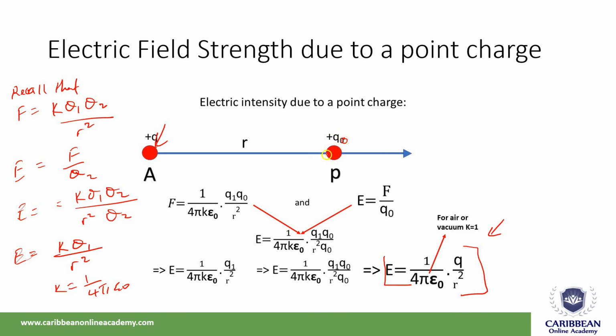Because there's a force experienced on this, the electric field strength we are trying to consider is the one that is causing the force on Q naught. Based on this, the electric field is going to move in that direction because of the nature of the charge. Both charges are positive, so Q naught would move away.